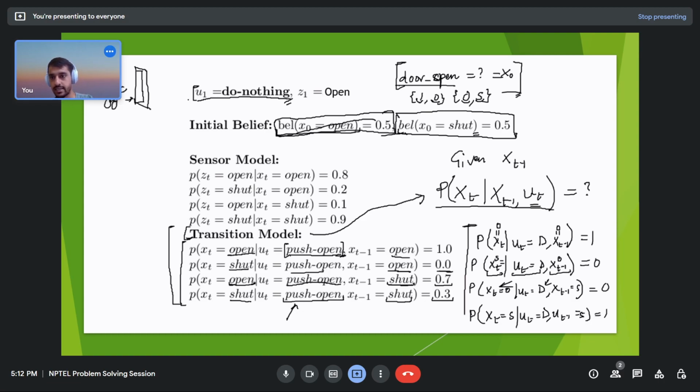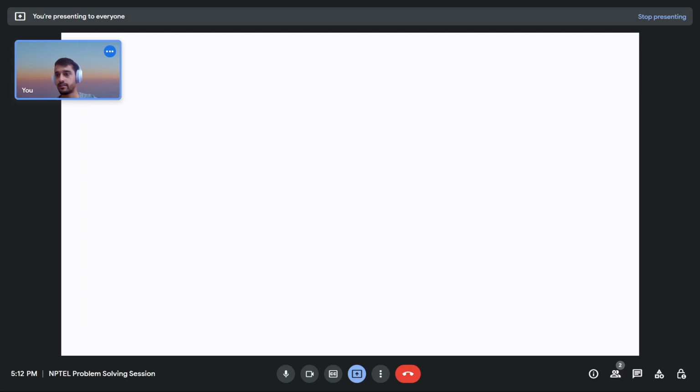So for this case, the robot does nothing, but using its sensors, it measures that the door is open. What we want to know is the updated belief, not bel bar of course, whether your door is closed or not.